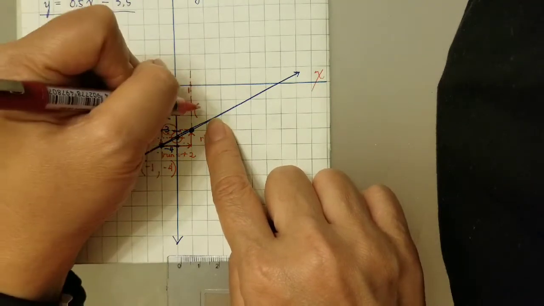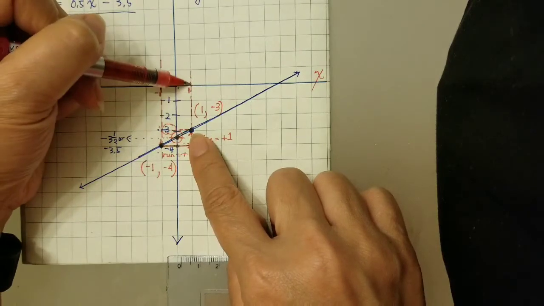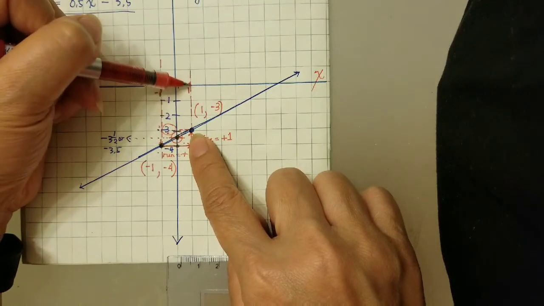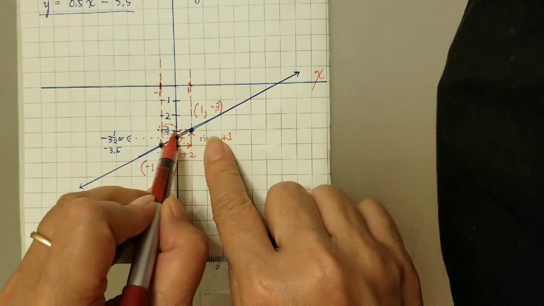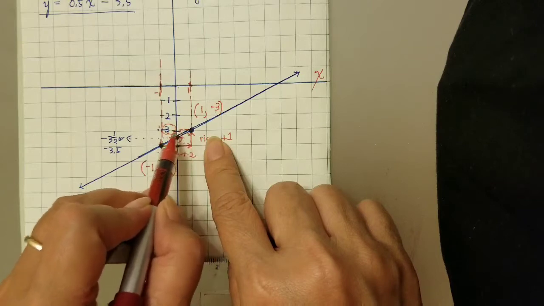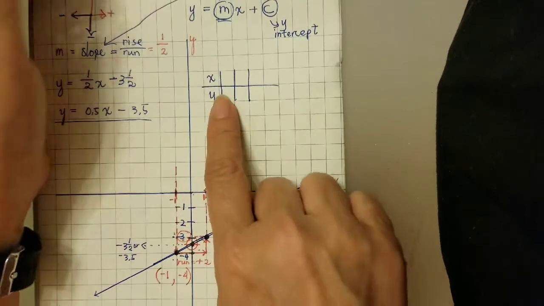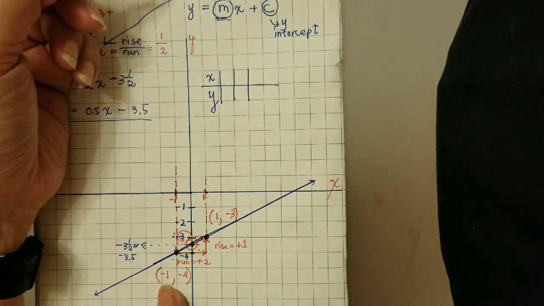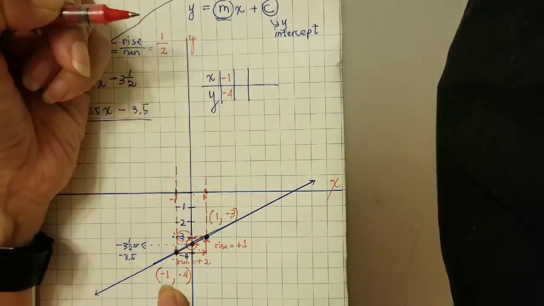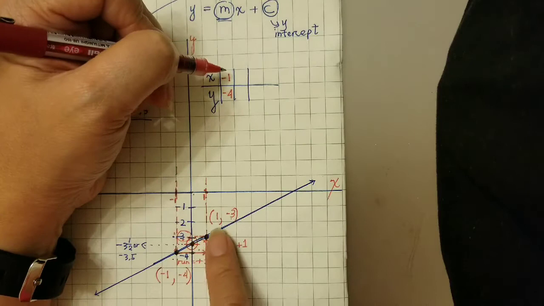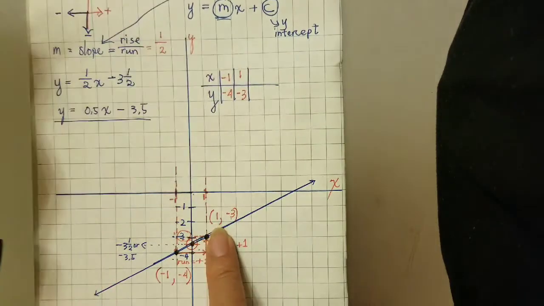So our coordinate points are 1 and -3. 1, because it aligns with the unit 1 in the x-axis, and -3 because it aligns with the -3 of the y-axis. Okay, so let's put it in our input-output table that looks familiar. So if x is -1, y should be -4. If x is 1, y should be -3.